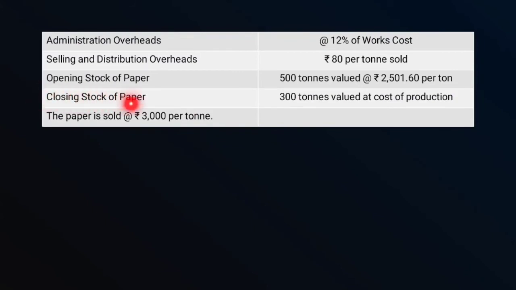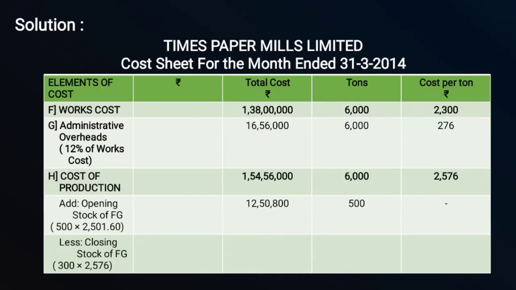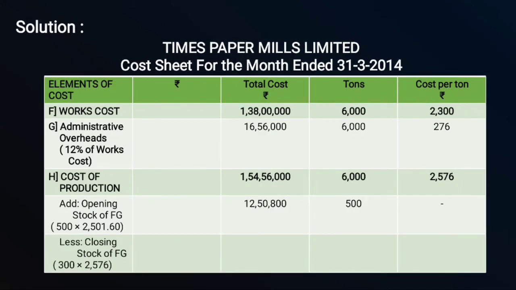Next, closing stock of paper, that is finished goods, is given as 300 tons valued at cost of production. So less closing stock of finished goods. So 300 into 2,576, that is cost per unit of cost of production.